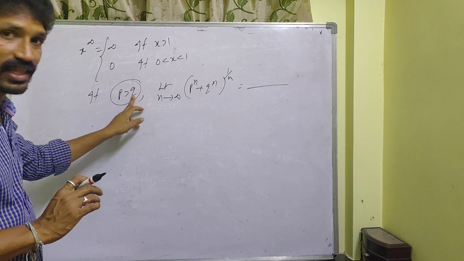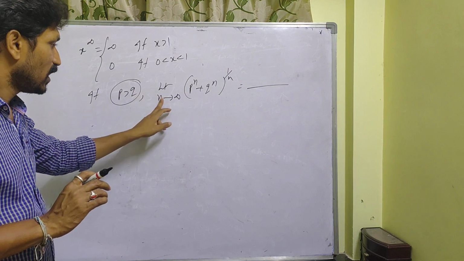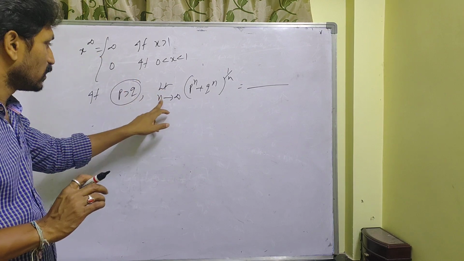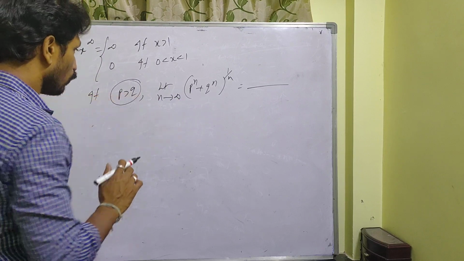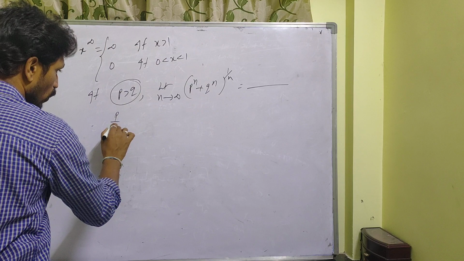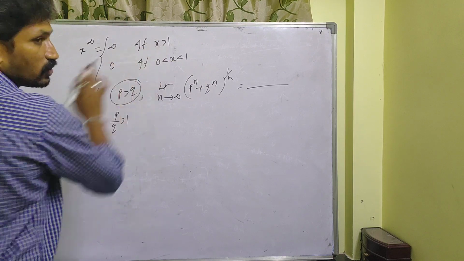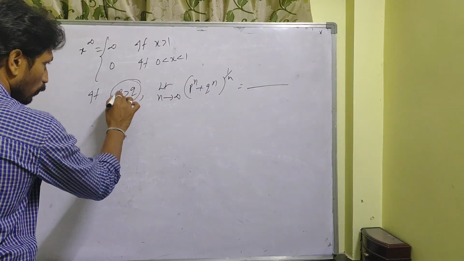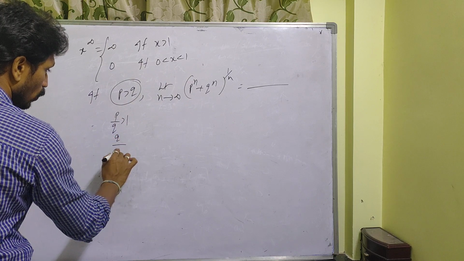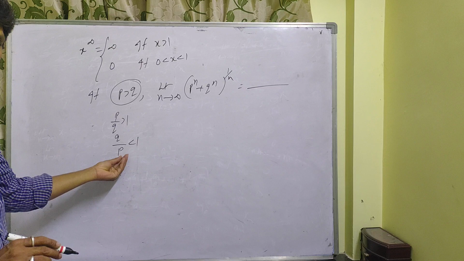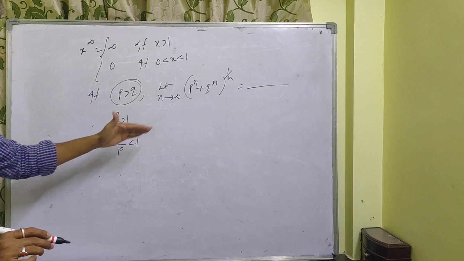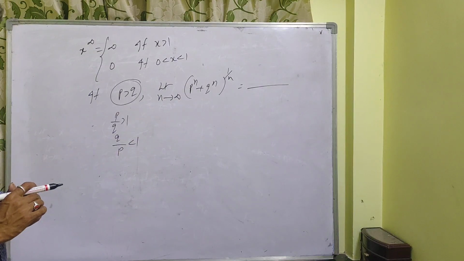So here p is greater than q, you take it as x, here n tends to infinite. So if p is greater than q, p by q is greater than 1. This form you get. If you take q by p, it is less than 1, a proper fraction. Okay, so which one is comfortable? You should go for that one.